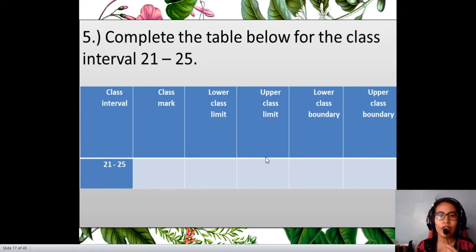For the upper class limit, I will have 25. For the lower class boundary, I will have 20.5. For the upper class boundary, I will have 25.5. So that's how you complete this table.